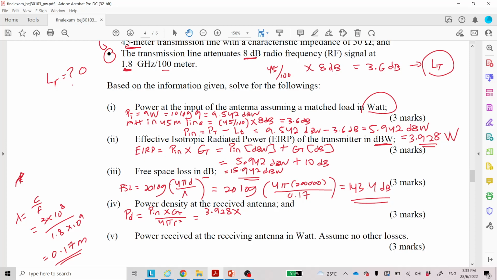The gain is 10 dB, so the anti-log of 10 dB is 10. GT equals GR equals 10 dB equals 10. Divided by 4 pi multiplied with 200,000, squared.